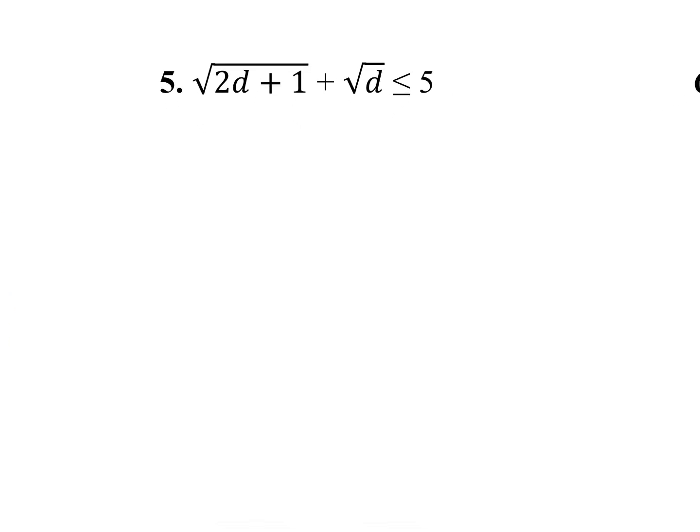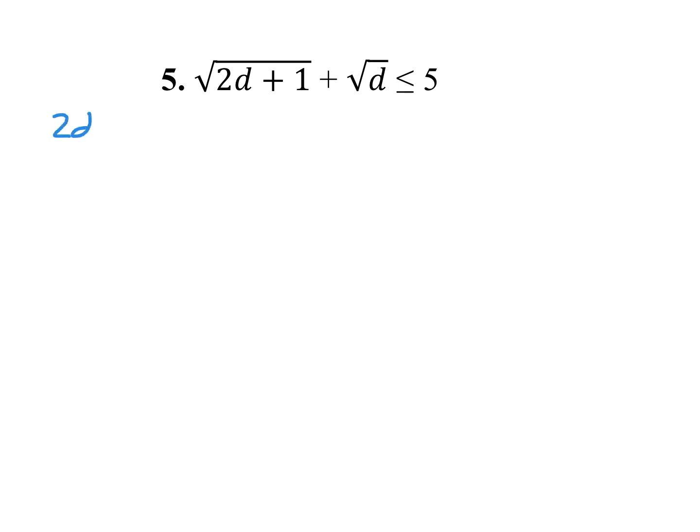All right, write small for this one because this one is going to have a lot of work. We actually have 2 radicands, both of which must be non-negative. So that has to be true, and so does this one. So d has to be bigger than or equal to -1/2.